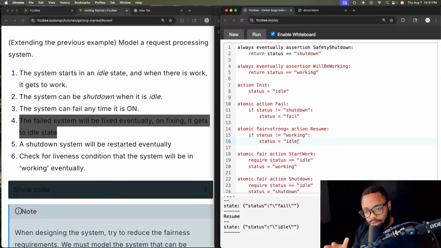You also have to kind of isolate particular pairs of actions depending on the combination of fairness all over the place. Yeah, because then you can loop back around.